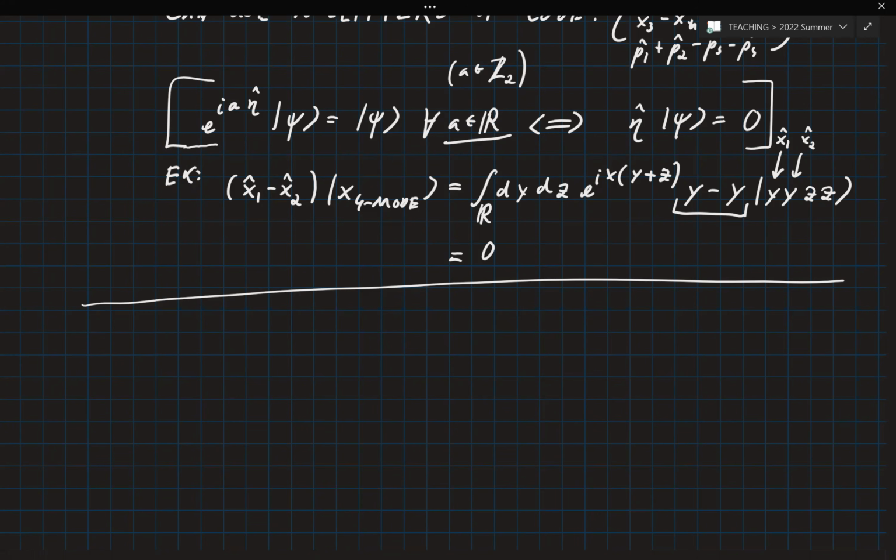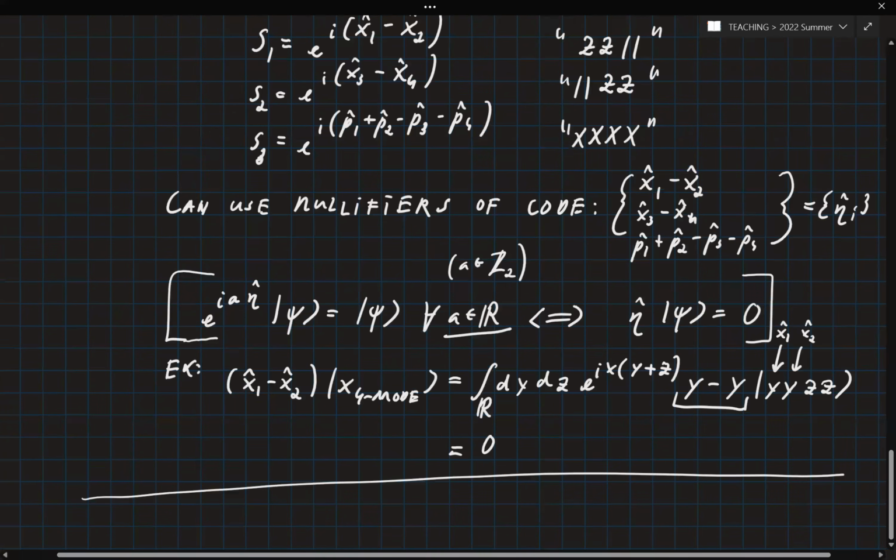Yeah. How do you physically generate continuous cluster states? There's photonic schemes that do this. Beam splitters, phase shifters. I think that's so because the nullifiers are pretty simple for those states.